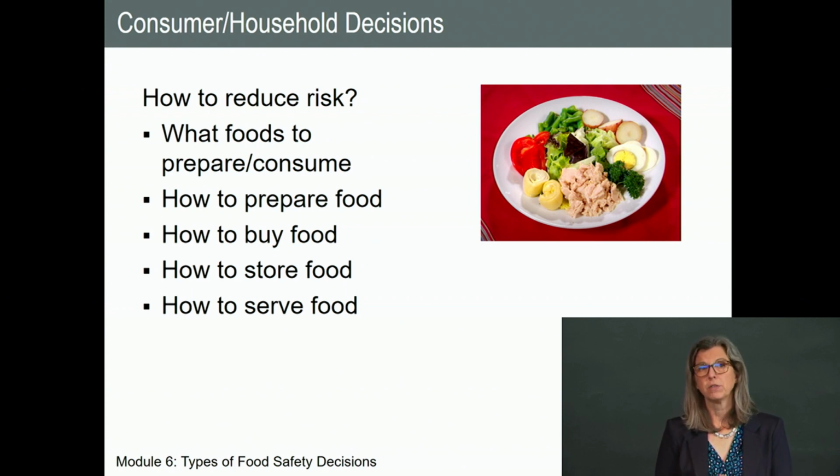So all of these are things that people do all the time in their households. And as food supplies change and as the food system changes, there might be adaptations that need to be made to these processes to make sure that the food that you're serving to your family and your friends is safe. So these are another set of decisions that are an important part of reducing food safety risk.